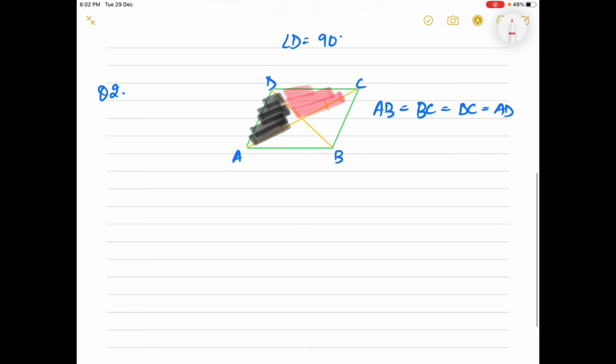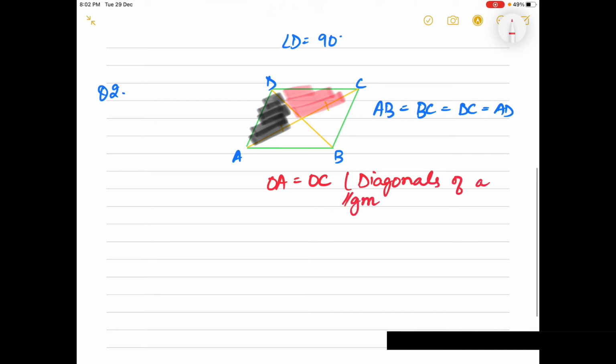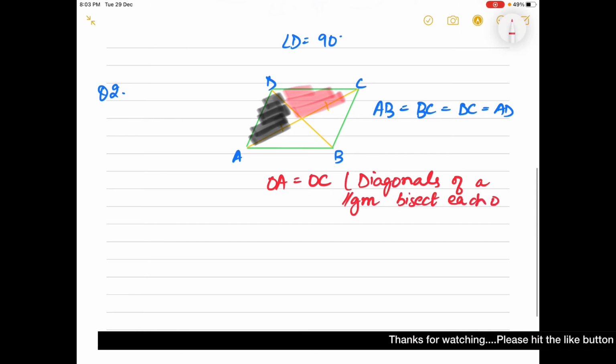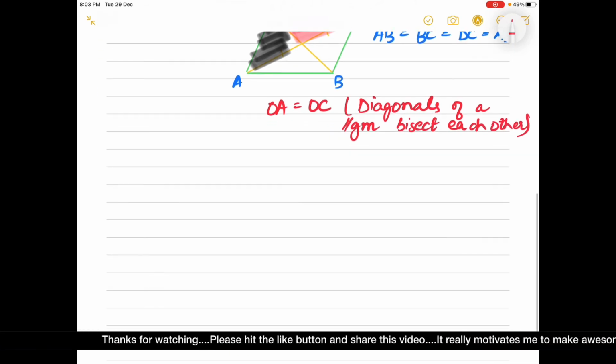So OA will be equal to OC, as diagonals of a parallelogram bisect each other. OD is equal to OD, as this side is common between these two triangles.